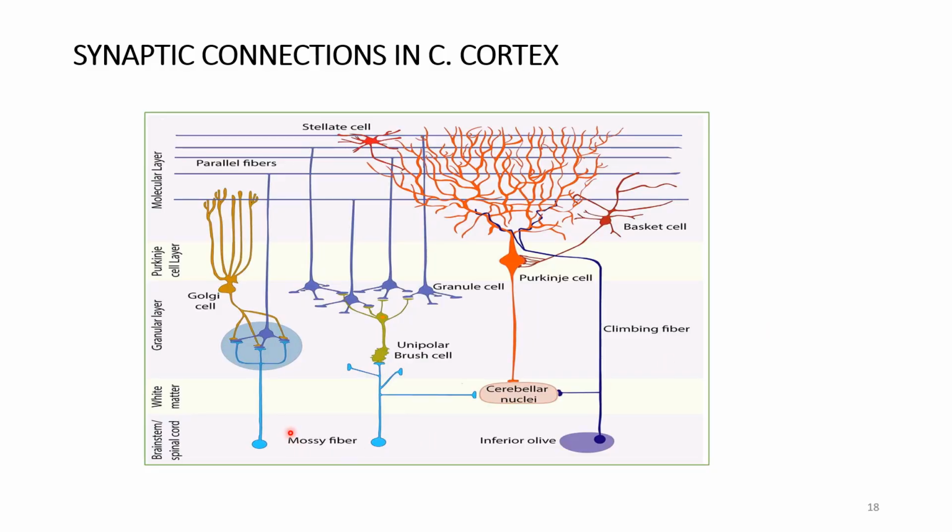So this is the diagrammatic representation of the synaptic connection in the cerebellar cortex. You can see here in the molecular layer we have stellate cells and basket cells.